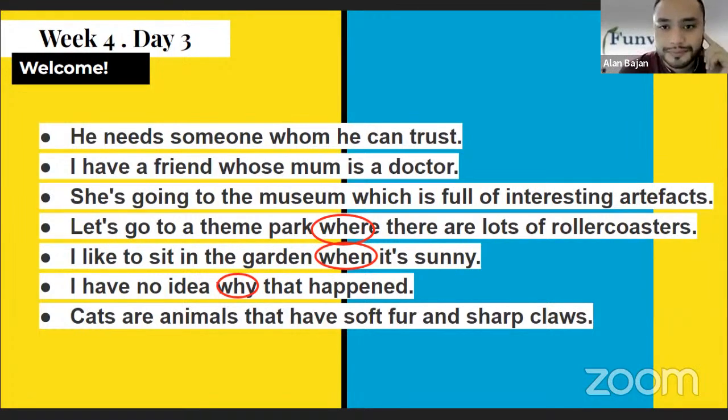Let's see. First example. I have a friend, but I want to describe what kind of friend I have. So I say, I have a friend whose mom is a doctor.